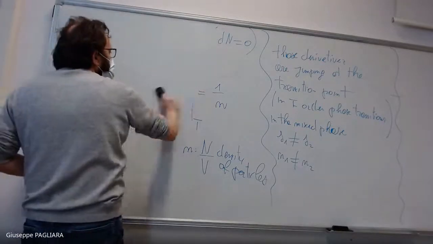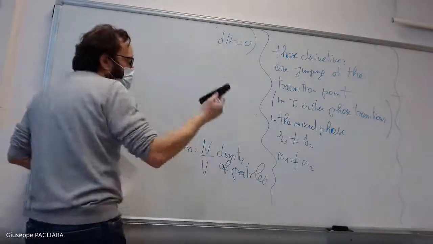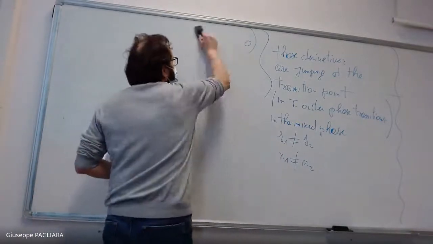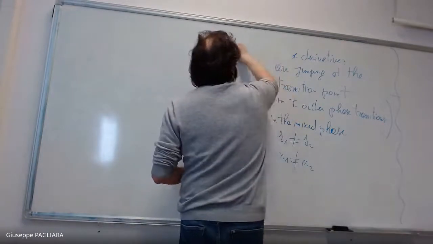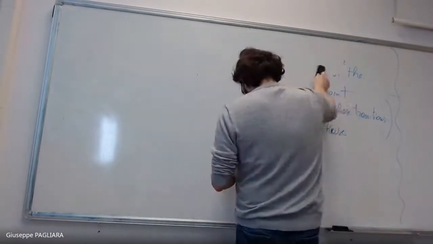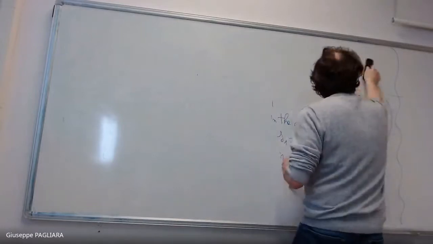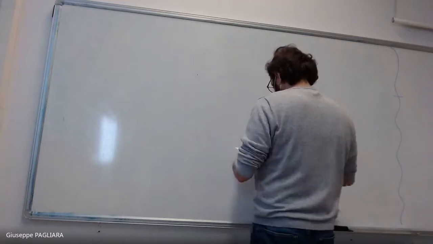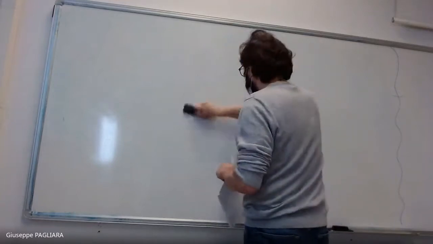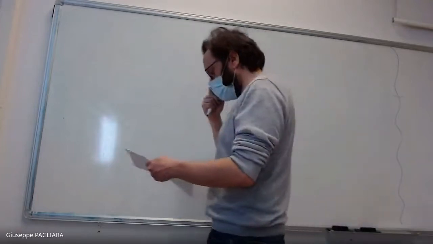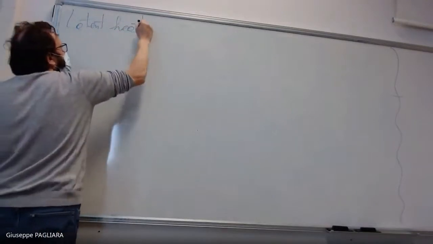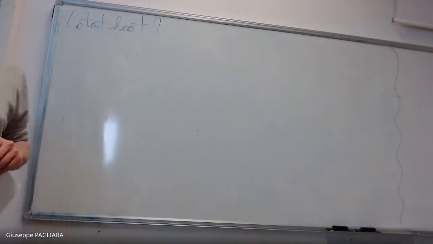The latent heat is basically just this difference of entropy per particle that we derived before. What is this latent heat?